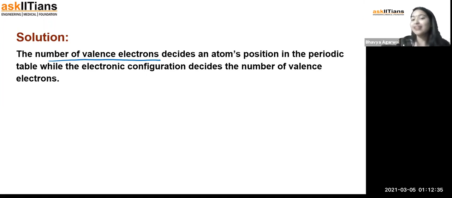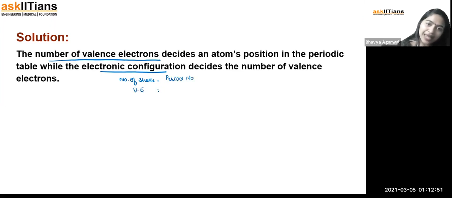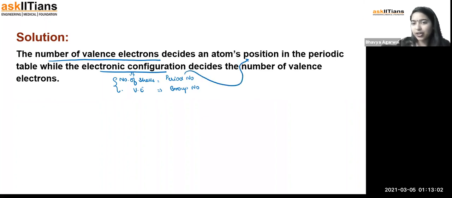Where exactly will that element lie? In which group, in which period? Because in the electronic configuration, the number of shells will give me the period number, and the valence electrons will help me identify the group number. So basically, it is with the help of the electronic configuration that I can find out the position in the periodic table. And that is how things are related.